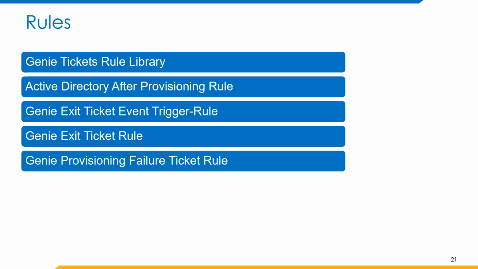The next rule is Genie exit ticket rule. This rule we will be using in Genie termination ticket workflow to make an API call of create a work order API to create an exit ticket for the leaving identity. Genie provisioning failure ticket rule.